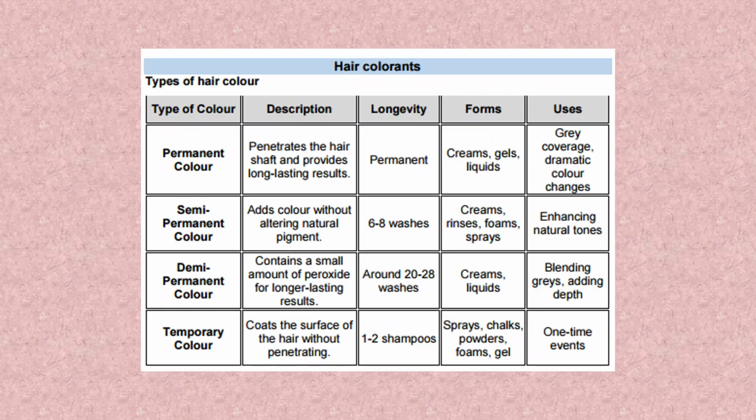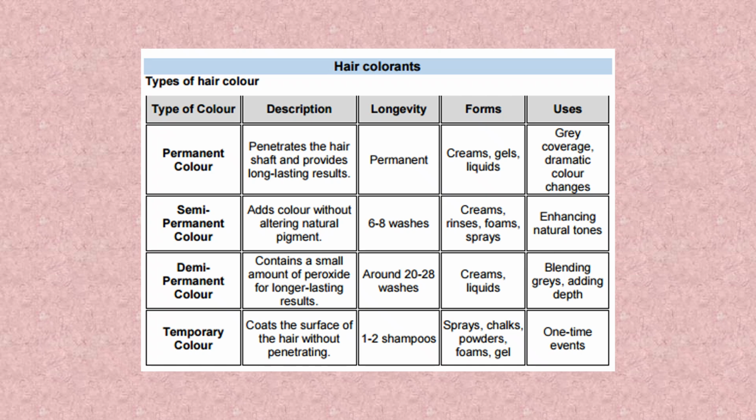Okay, then hair colorants. There are 4 types of hair colorants we are going to use here: permanent, semi-permanent, demi-permanent, and temporary. Permanent hair color penetrates the hair shaft and provides long-lasting results. It can be found in creams, gels, and liquids, and it is used for gray coverage and dramatic color changes.